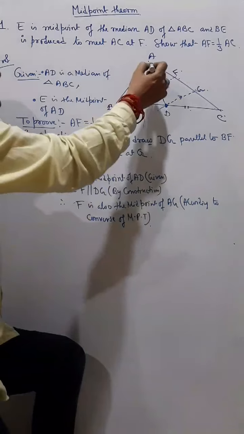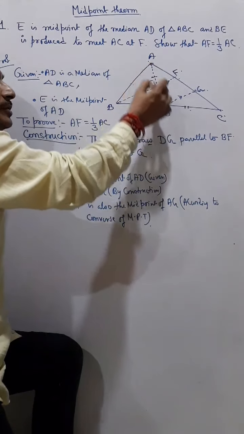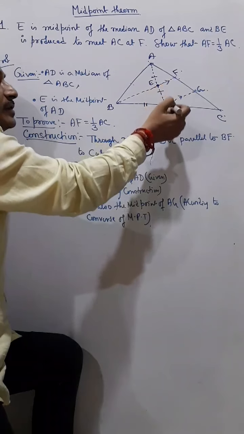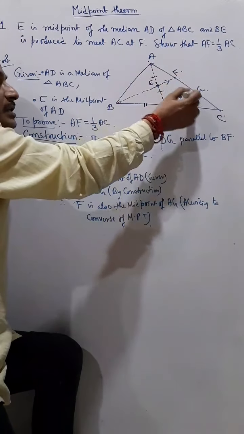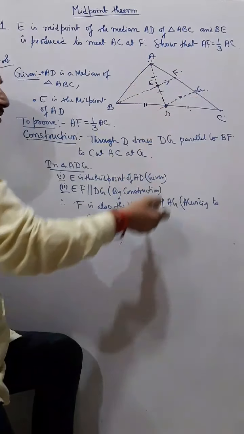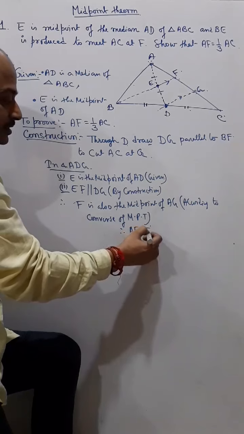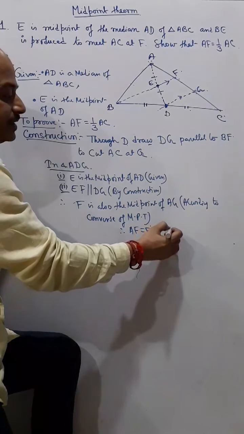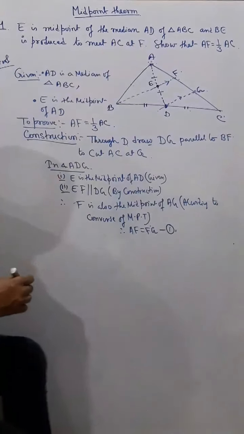So E is the midpoint of AD and EF is parallel to DG, therefore F is the midpoint of AG, and therefore AF is equal to FG. So we got AF equals FG from this part.